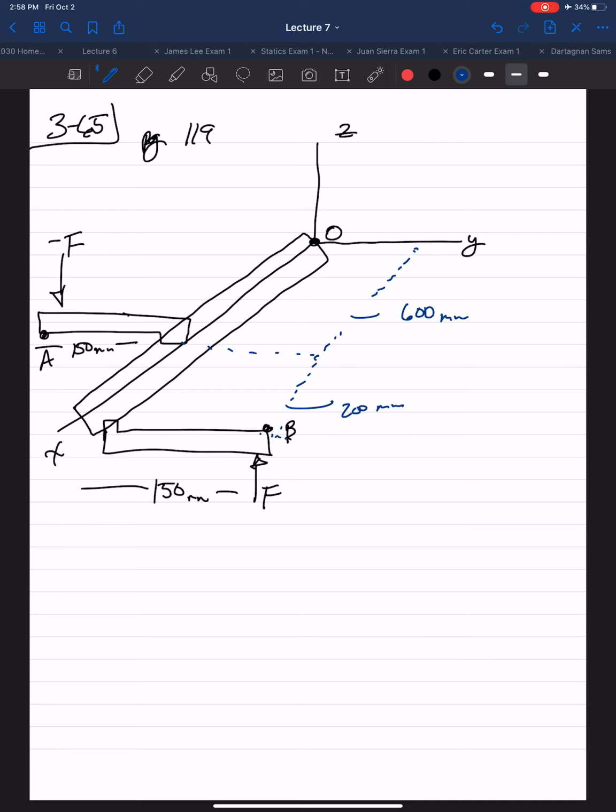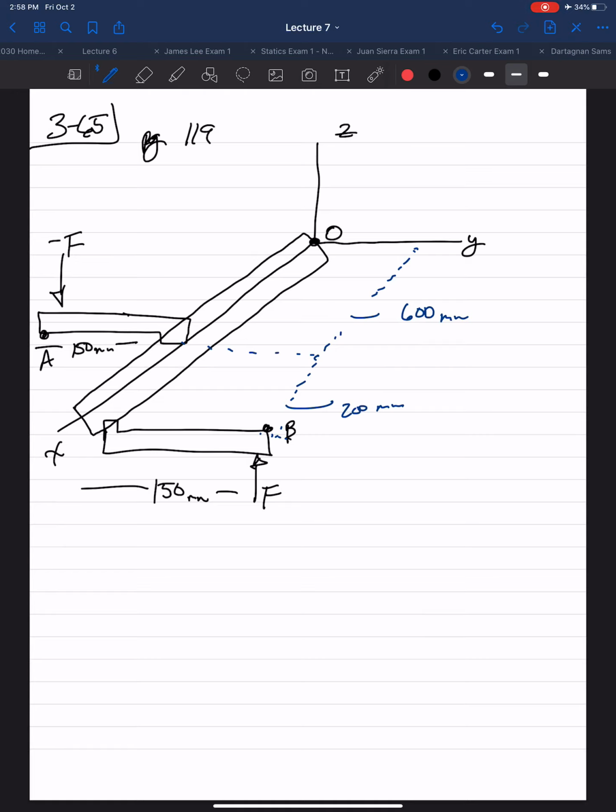So the question states, if the couple moment acting on the pipe, which is the moment caused by F and negative F, right, equal in magnitude, opposite in direction, the couple moment caused by force F, has a magnitude of 300 Newton meters, determine the magnitude of the forces applied to the wrenches. So couple moment M is 300 Newton meters.